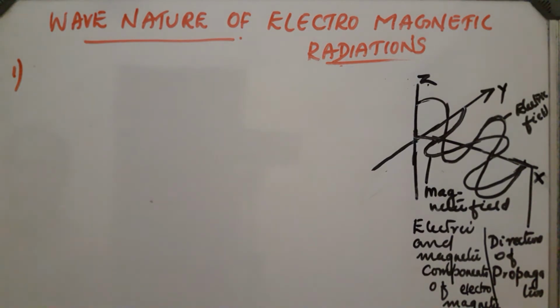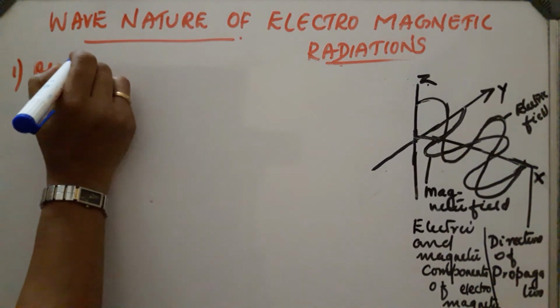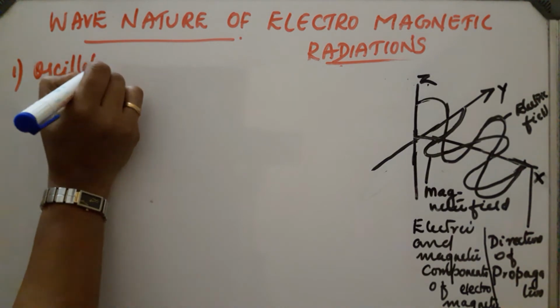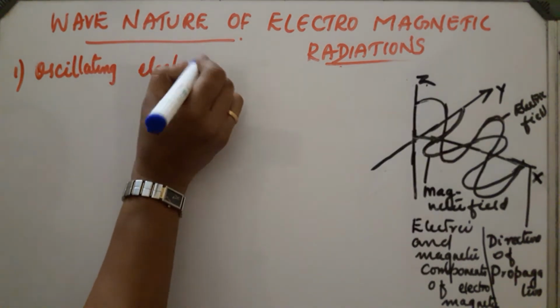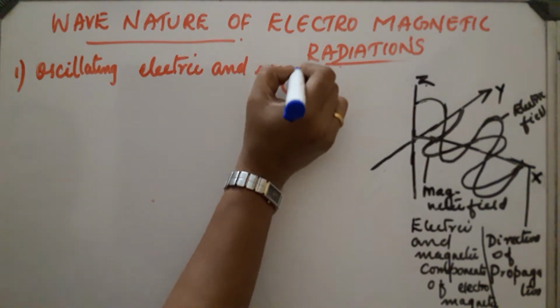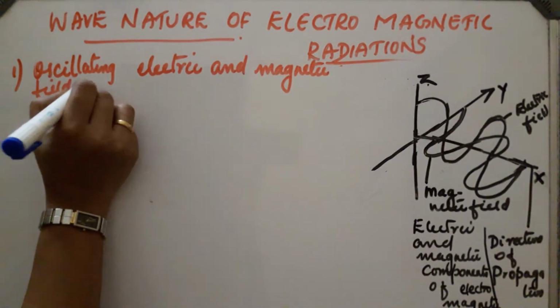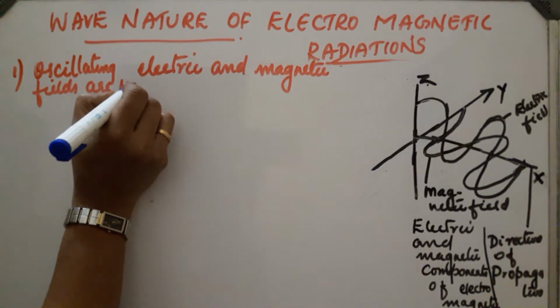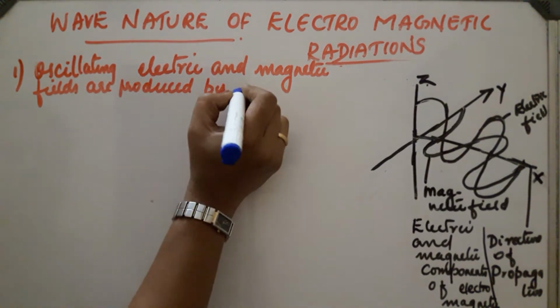The different properties are: first one, oscillating electric and magnetic fields are produced by oscillating charged particles.